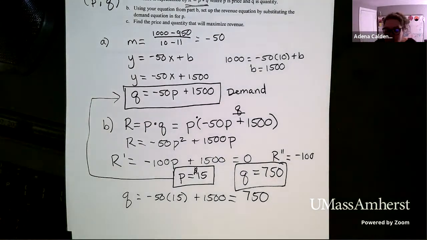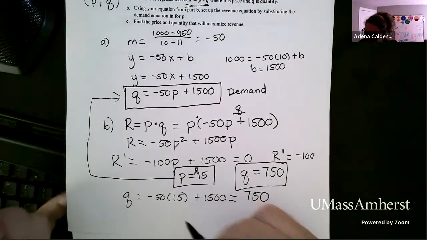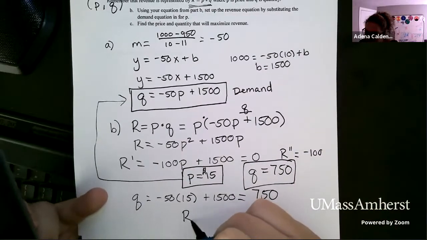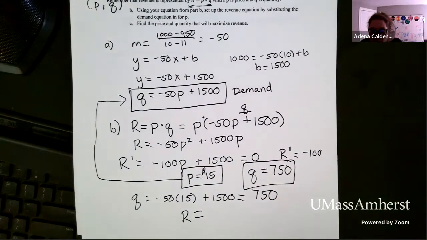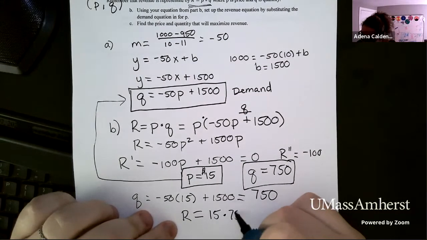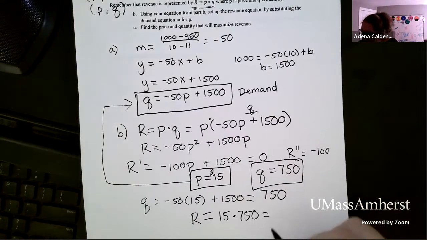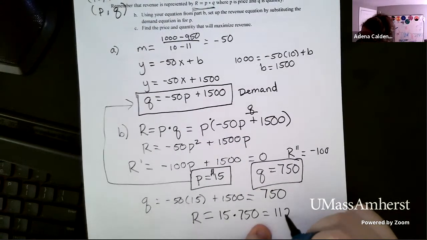Okay, so sometimes we also ask, what is that maximum revenue, right? Because that's another question that could be related to this. So if we wanted to know the revenue, we would just multiply the 15 times 750. Even though this isn't the actual question, I'm just going to add it here to remind you. So if we multiply those two together, 15 times 750, that maximum revenue is $11,250.